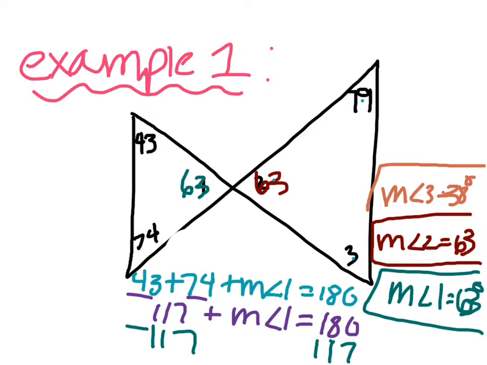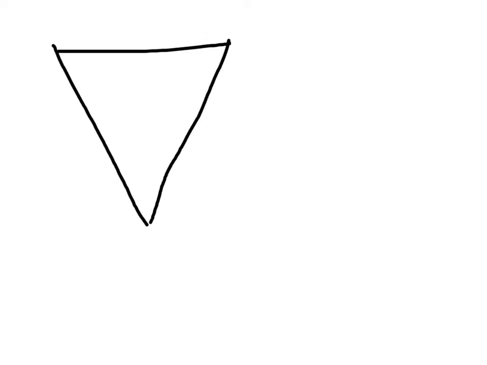The next example in your notes, we are going to prove why this is true. Sorry, we're actually going to go to example 2. In example 2, you have a triangle.